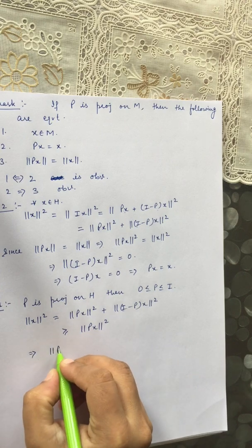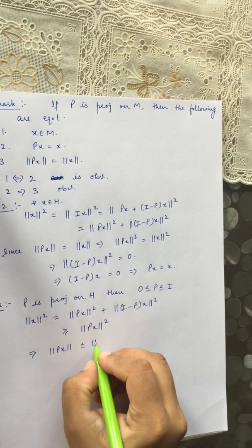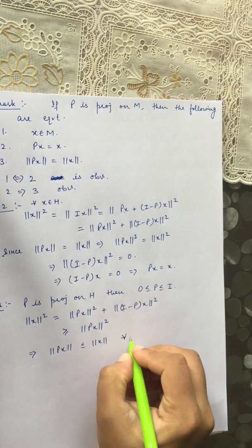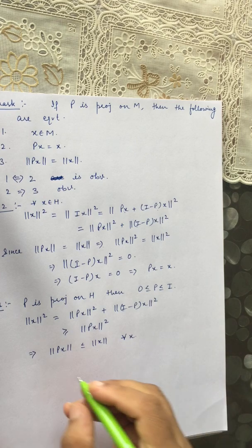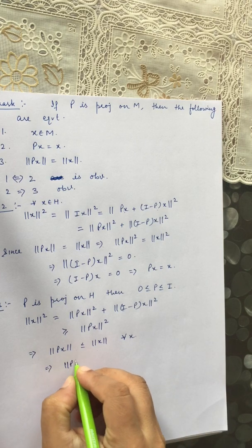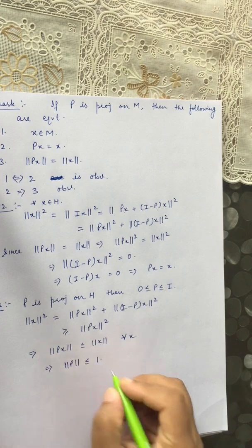So it means norm of Px is less than or equal to norm x for all x. Now if norm of Px is less than or equal to norm x for all x, that means we can say norm of P is less than or equal to 1.